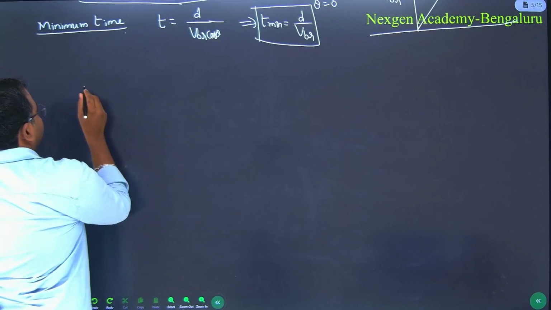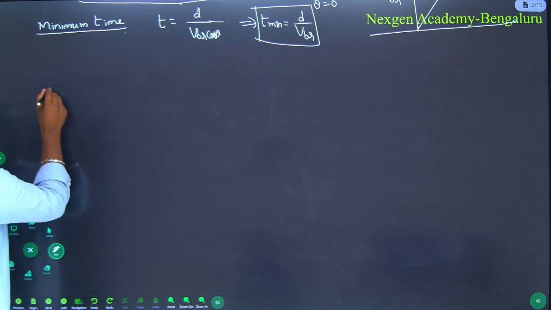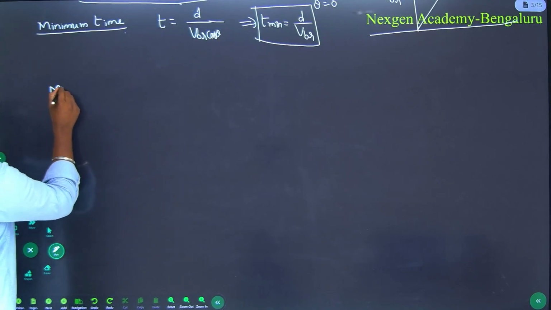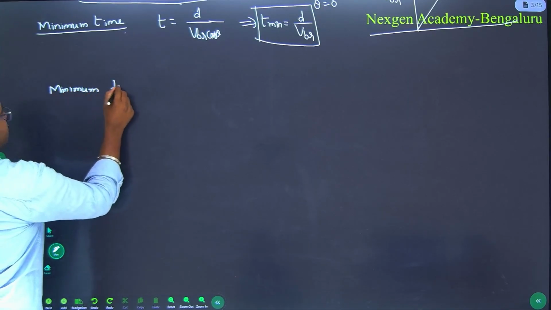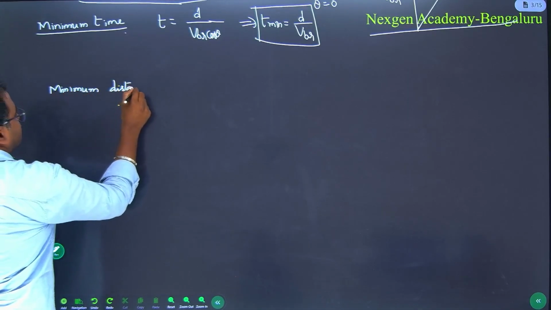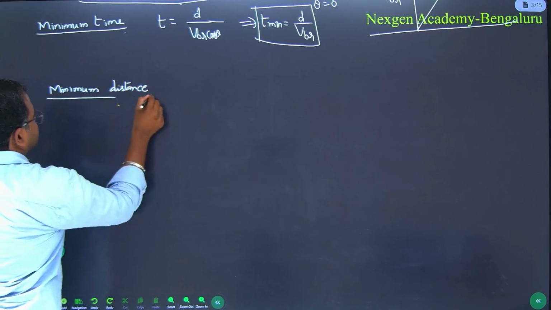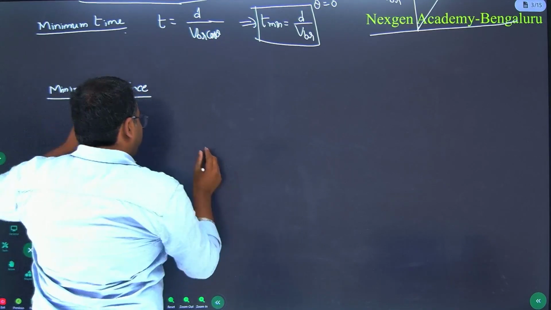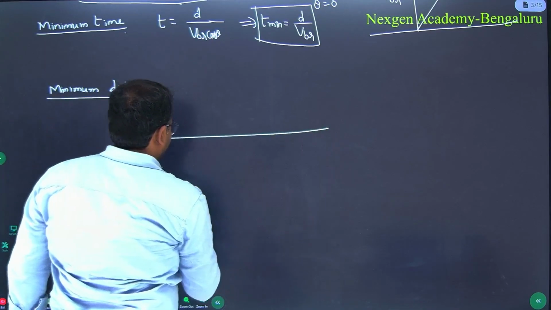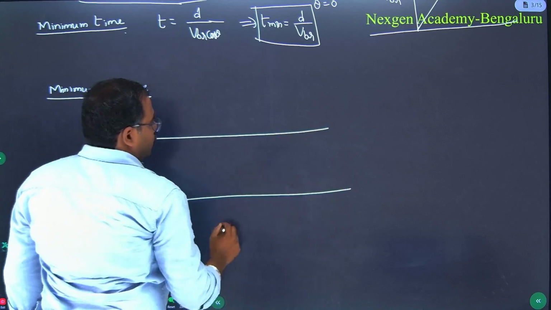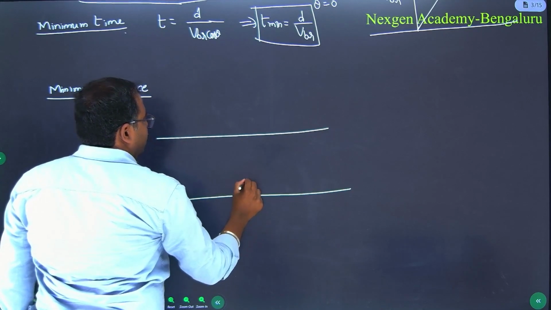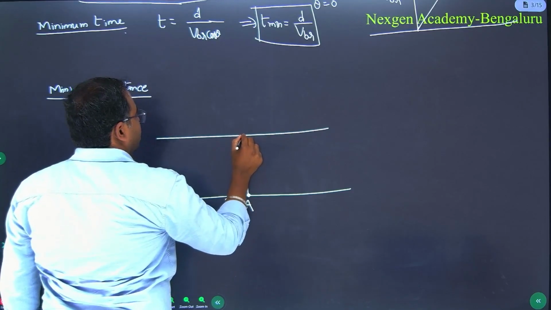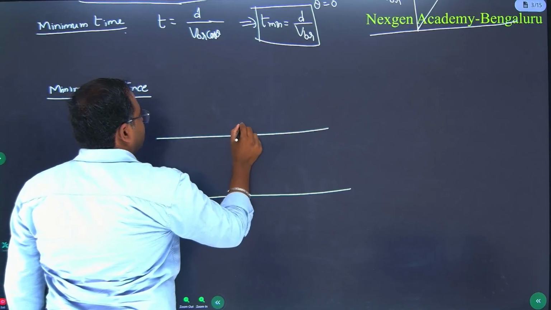Here it is. Minimum distance method. Look at this. Position A, exactly opposite bank, this boat has to reach.